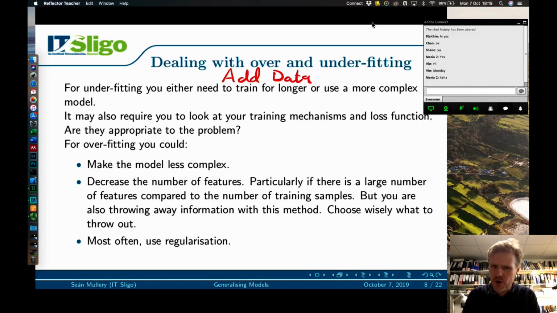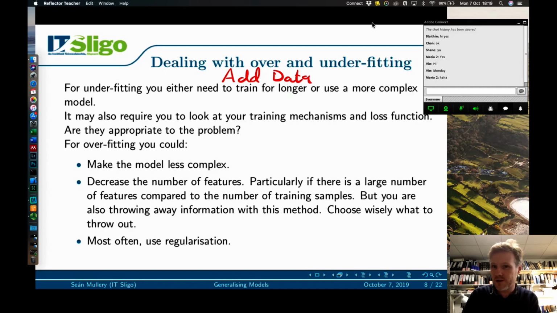So you can try and drop some of the features, but there are some issues with this. If you're dropping features, you're also dropping information. So you need to be a little bit clever about which features you drop. You need to look at the particular problem you're trying to solve and ask, are all of these features relevant to my problem? You can try and choose some that are not relevant, because the problem a model faces when it's optimizing is that it can't really tell which features are important and which are not.